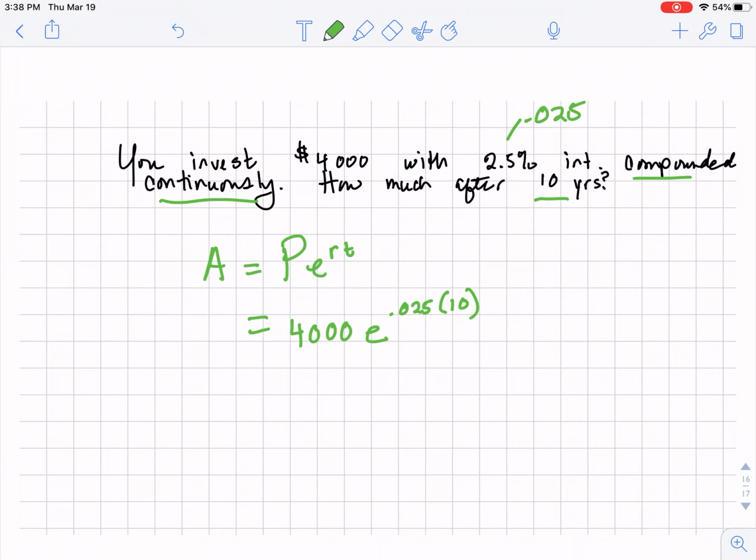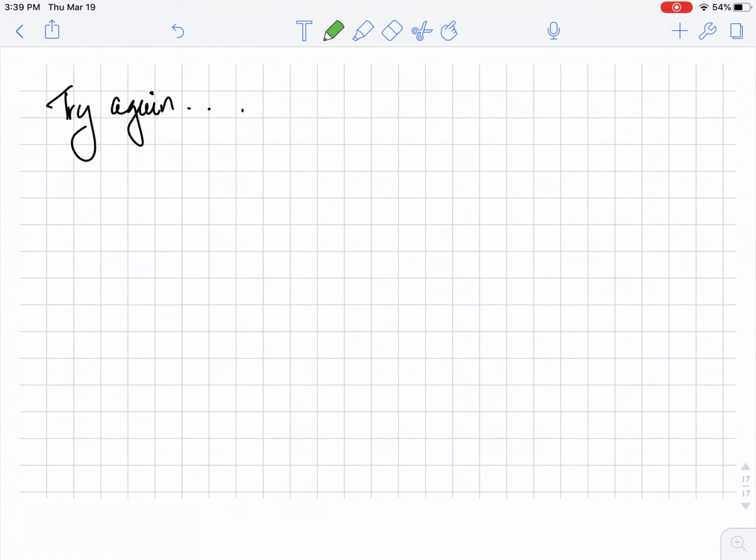That's not right. Let's do it this way: E to the 0.025 times 10 equals, and then I multiply that by $4,000, and I get this. That is totally wrong. I need a better calculator. But this is what you want to plug into your calculator. We can talk about what you get in the next class.